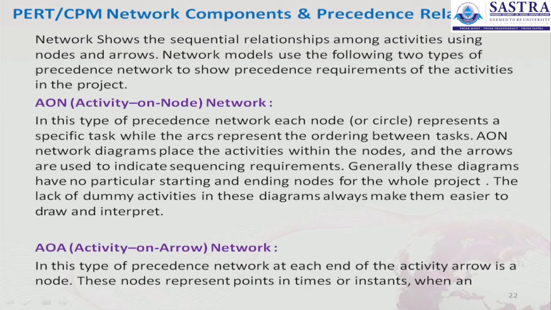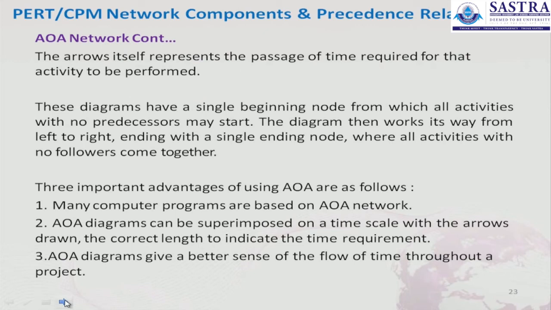And the AOA network is called activity on arrow. In this type of precedence network, at each end of the activity arrow is a node. These nodes represent times or instants, while the arrows themselves represent the passage of time required for that activity to be performed.